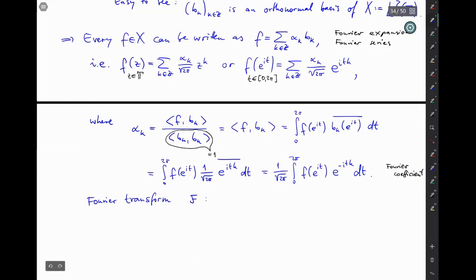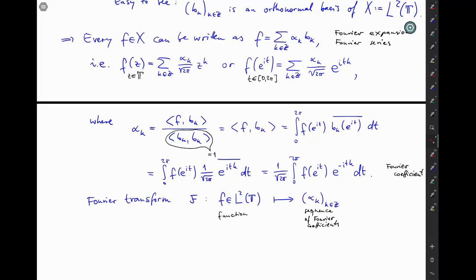And this transform takes a function f from our space X and maps it to this whole sequence of Fourier coefficients that you need to combine your function f from your Fourier basis, this orthonormal basis here.